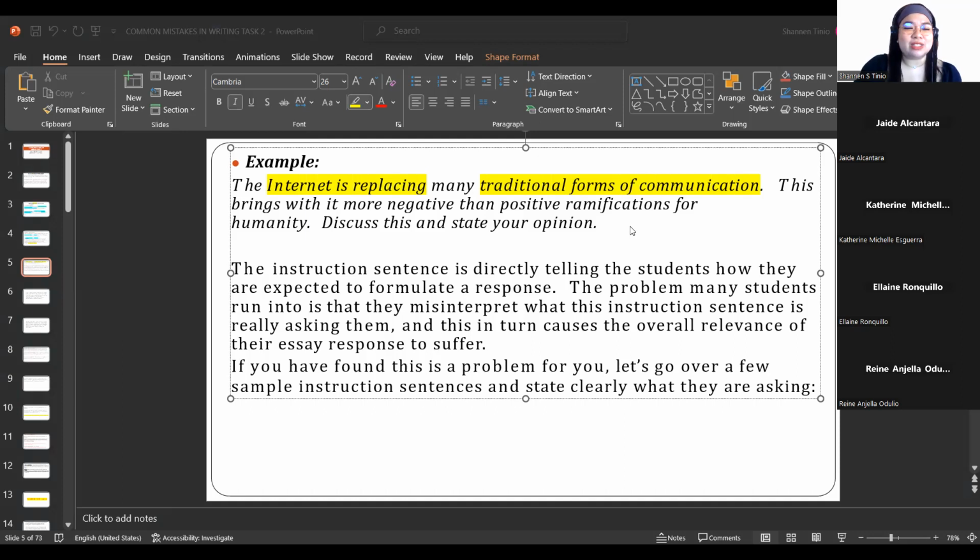Because letters are so meaningful. Why? Because you exert so much effort in writing a letter with your handwriting, with your special pen, at iniingat-ingatan mo pang huwag madumihan yung paper. And then you're exerting effort to gandahan yung penmanship mo kahit ang pangit naman talaga.